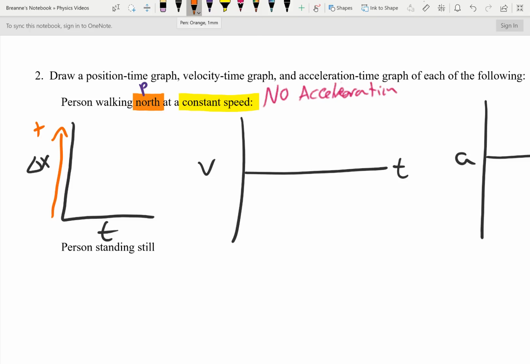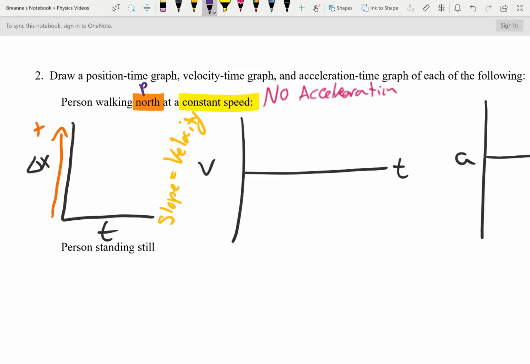Another thing to remember is that for a displacement time graph, your slope is velocity.